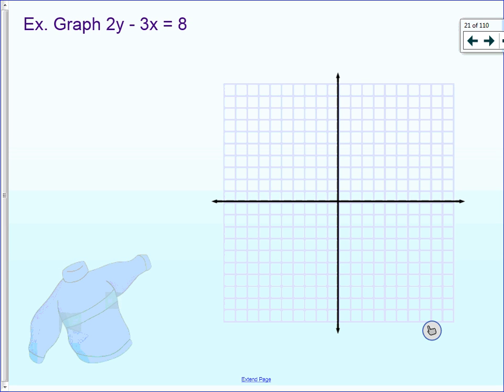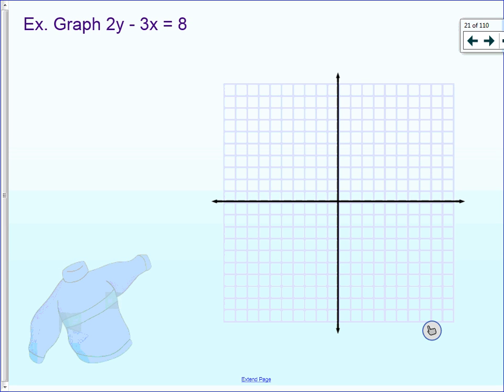Well, do you think you ought to solve for y? Last time we did, it's really up to you whether you think that will help you. So if you divide the 8 by the 2, do you have to multiply the 3x by the 2?